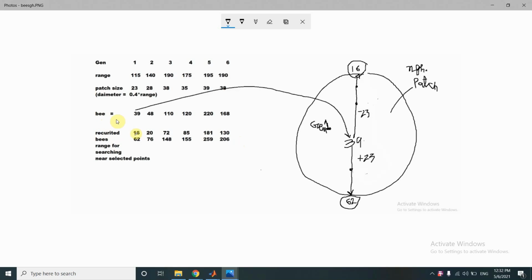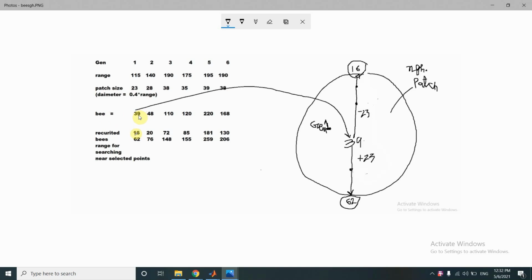So let this be a returning bee, and these 6 points be its position in the 6-dimensional search space. Now let us assume that this bee is an elite site bee, and since it is an elite site bee, in the next iteration we will send NEP number of newbies to this elite site to search for food in the neighborhood of this site.